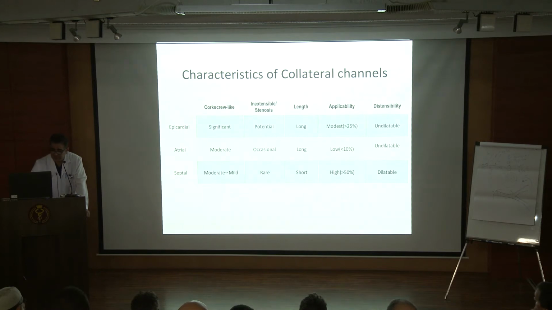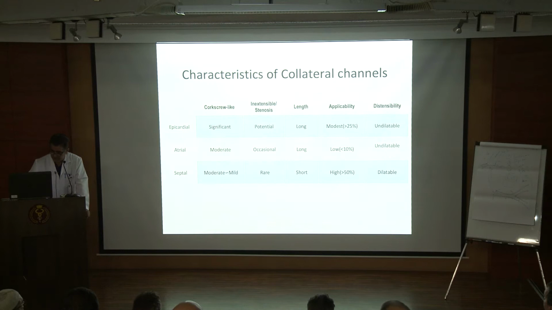For collateral channels, we have talked about them in more detail, but we have to really differentiate the different types of collaterals. Are we dealing with epicardial collaterals? Atrial collaterals? Septal collaterals? Because each one of them is different, crossing them is slightly different, and the complexity of passing through them is also different.